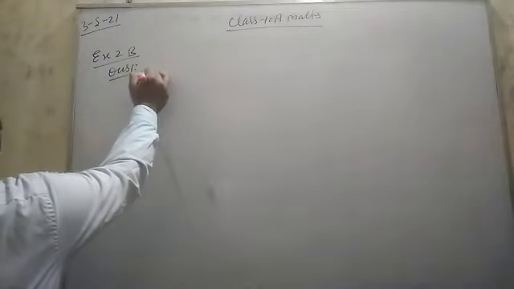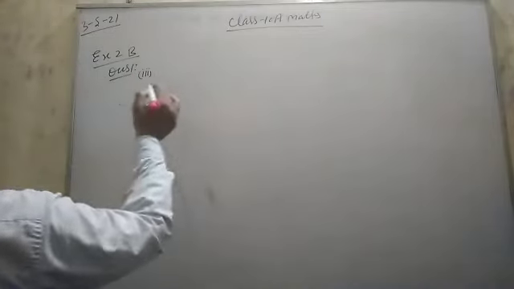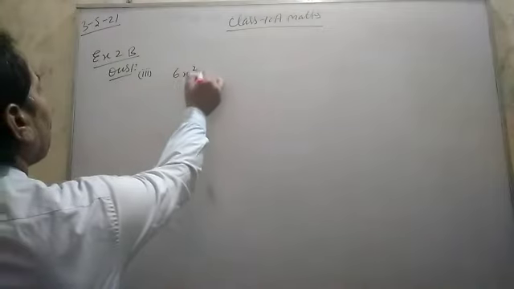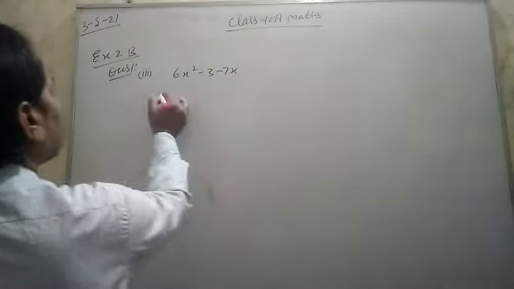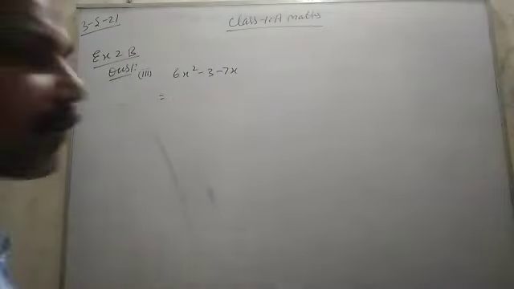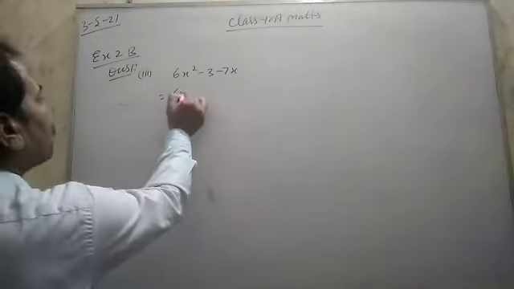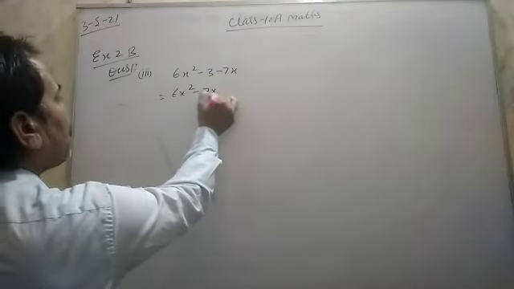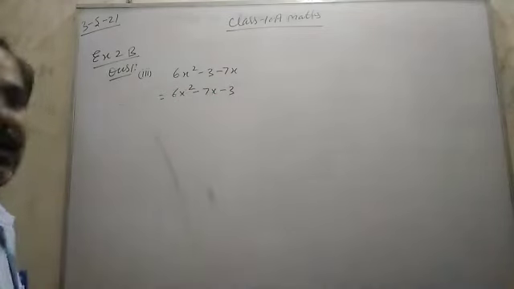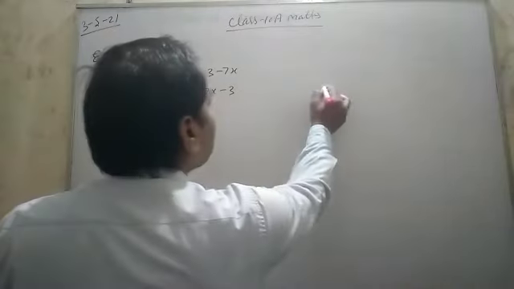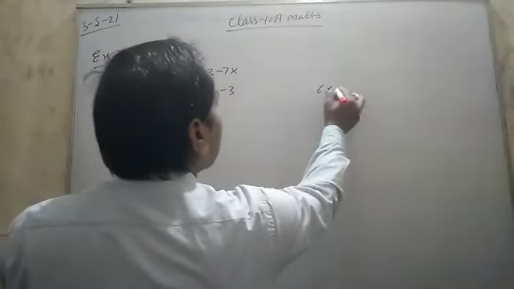So third part, 6x square minus 3 minus 7x. So first you arrange in proper order. Okay. So 6x square minus 7x minus 3. So the coefficient of x square is 6, the constant term is minus 3.